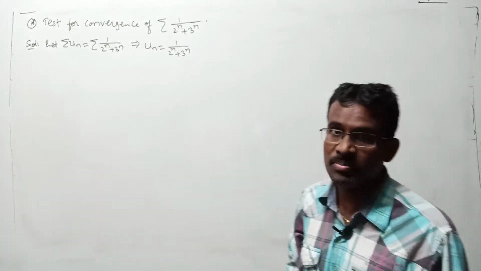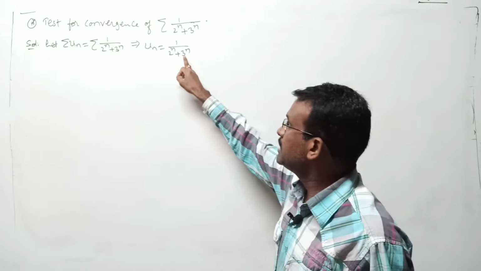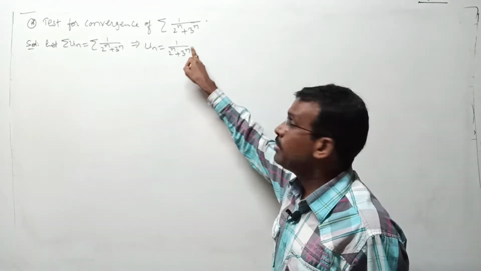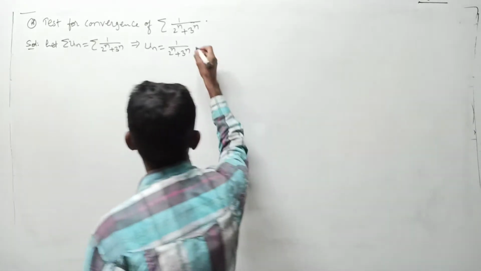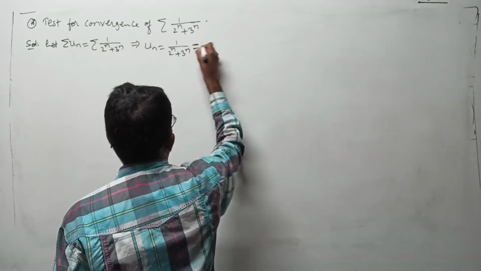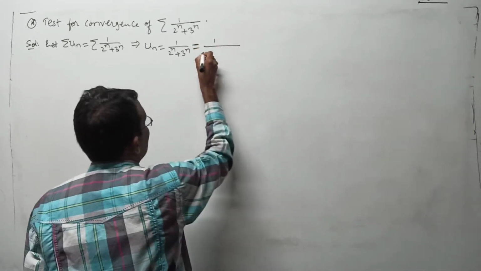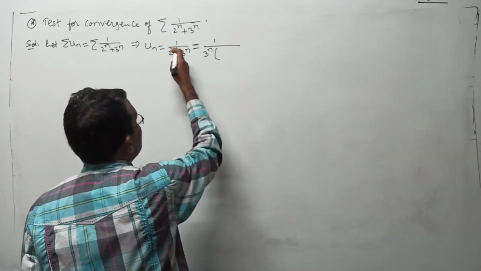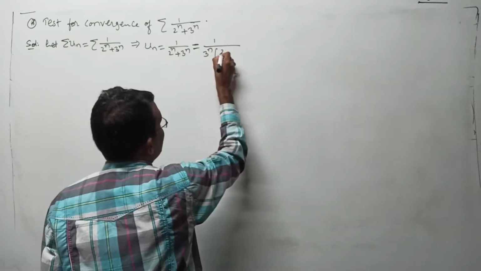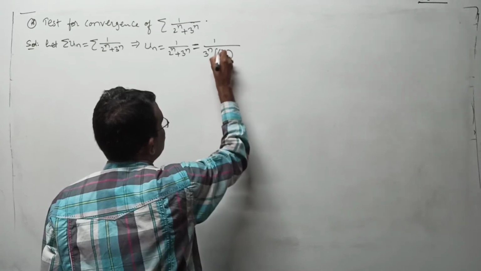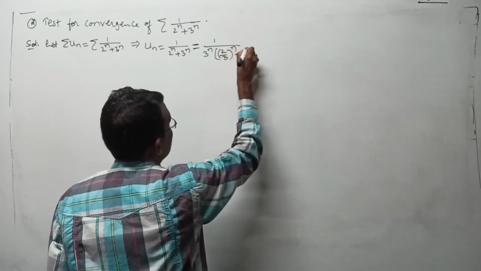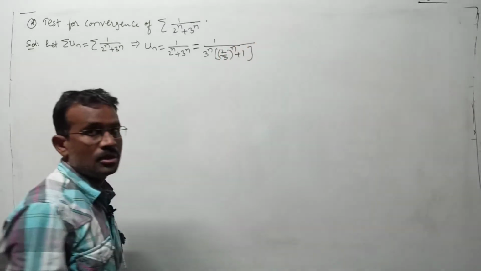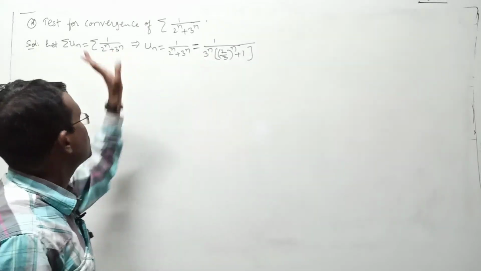Here the maximum base is 3. Now take 3 power n common. In the numerator there is no common term, 1 is there. In the denominator, the maximum base term means 3 power n, then it should be 2 power n by 3 power n. Shall I write it directly as 2 by 3 whole to the power of n plus 1? Any problem? Now take this common term as Vn.